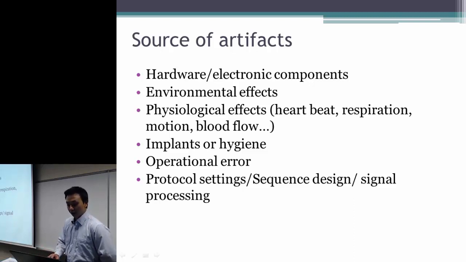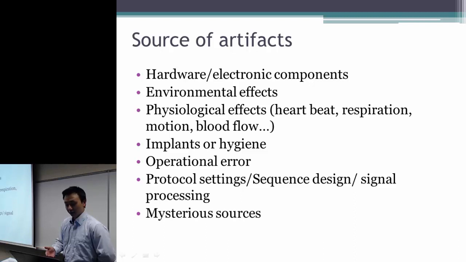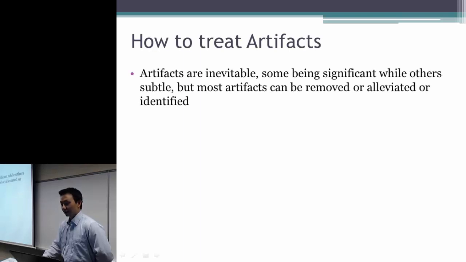It may also give you artifacts, especially when you're doing research. And of course, the major part is the mysterious sources: you see an artifact, you have difficulty understanding it, and there are still many artifacts whose underlying mechanisms we cannot fully understand.